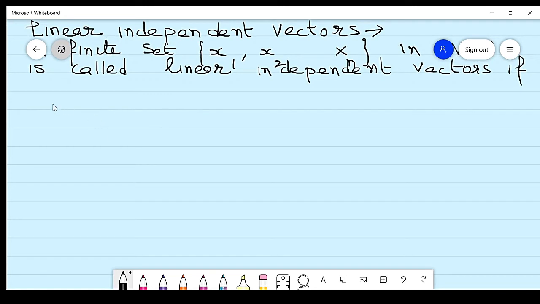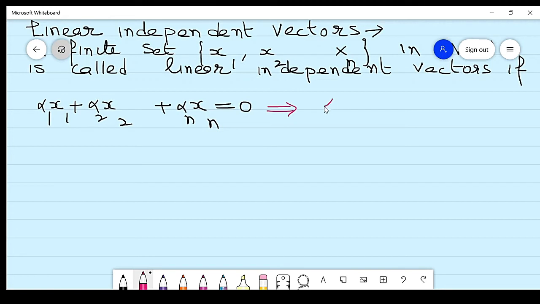such that if the linear combination alpha 1 x1 plus alpha 2 x2 plus up to alpha n xn equals 0, this implies all alphas are 0, that is alpha n equals 0, right?